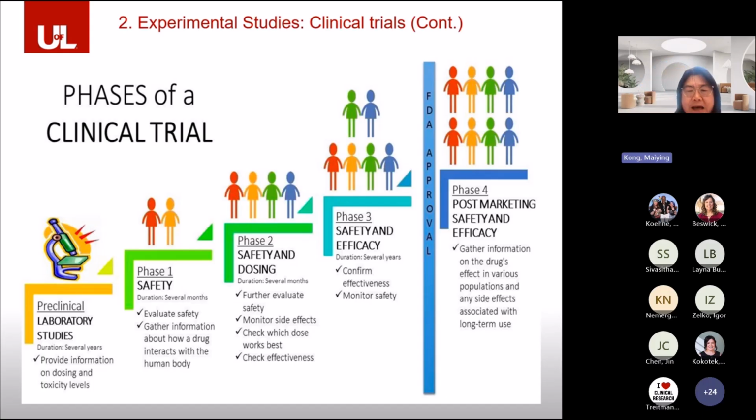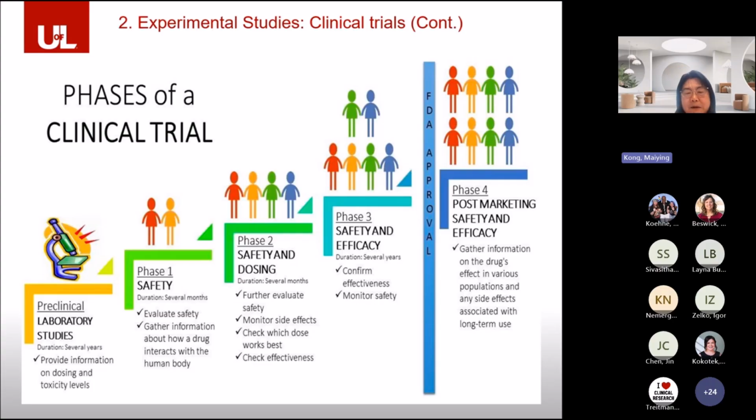For drug FDA approval, we go through phase 1 to phase 3. For institutes like us, universities, research-initiated clinical trials usually are phase 1 and phase 2. Phase 3 is a bigger, larger study, usually industry-sponsored research.